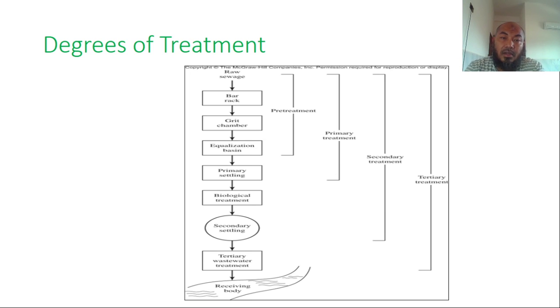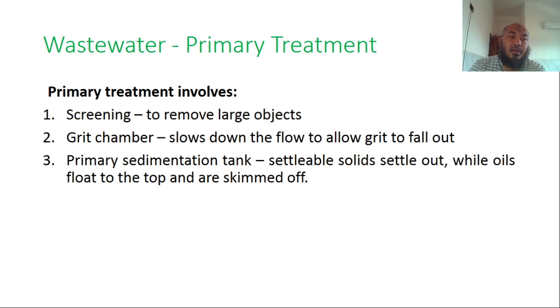Okay, so this is just the unit. So we have bar rack, grit chamber, equalization tank, primary settling, biological treatment, secondary settling, and tertiary wastewater treatment. Primary treatment involves screening to remove the light objects, and the grit chamber.